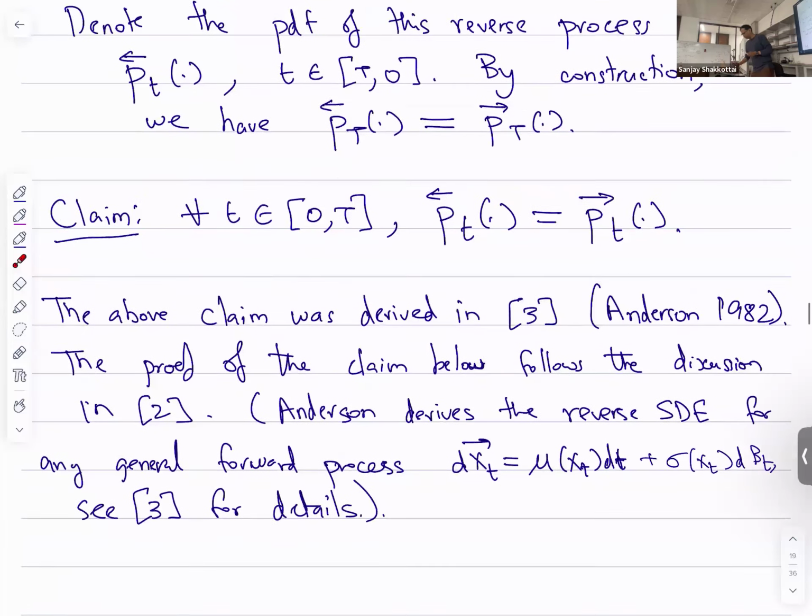In fact, something interesting: this is attributed to Anderson 1982. This is in the literature, and it has been used by Song, Ermon and Song, and several others. This particular result of reversal. Historically, Anderson showed something stronger than this. Not just that, he was interested in trajectory reversal, so this is a special case of his result.